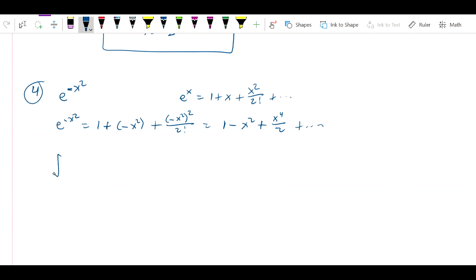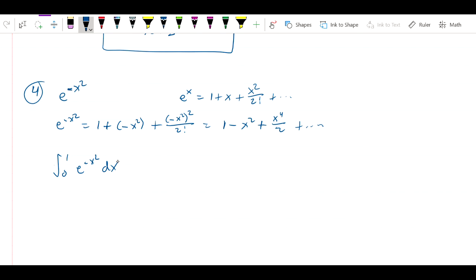You can try as hard as you want to find an antiderivative of e to the negative x squared, and you can't do it. It's provably true that there is no elementary antiderivative for e to the negative x squared. There's a way to write it, but it involves additional functions that we haven't learned about yet. There's no way to write it in terms of what you normally think of as antiderivatives, like products and quotients and sums of things like exponential functions, power functions, sine, cosine, and tangent.